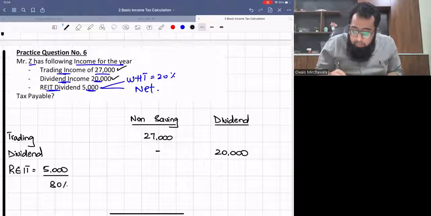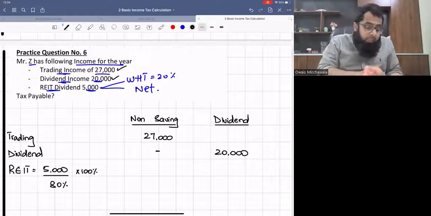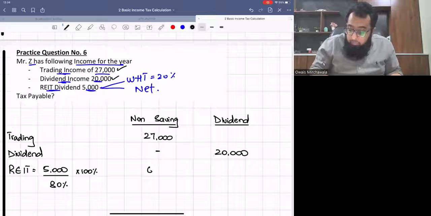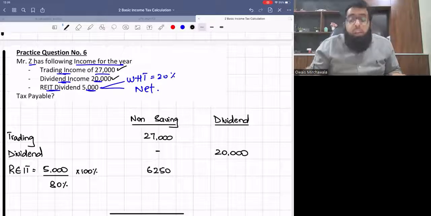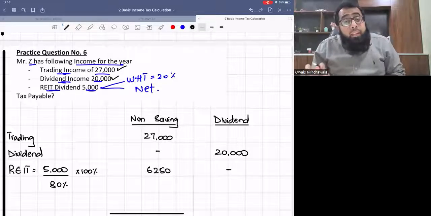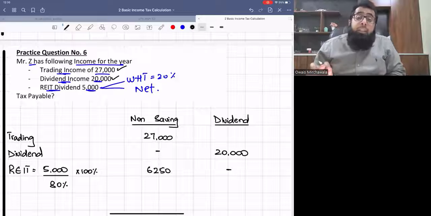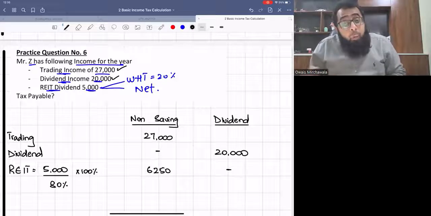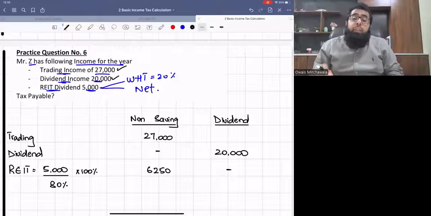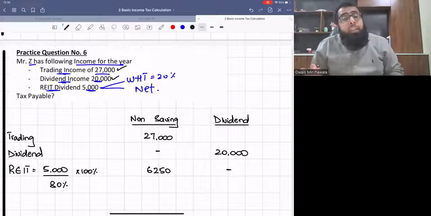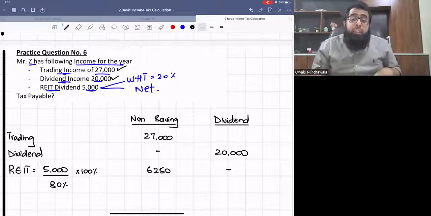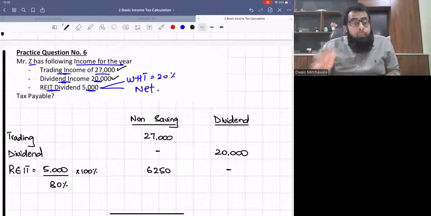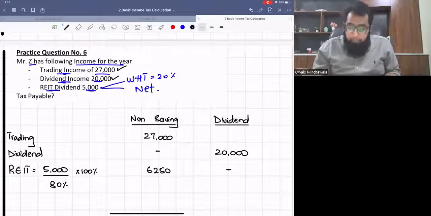We discussed it in the previous class. So we will gross it up, and REIT dividend goes as a non-saving income. It is not a dividend income. This goes as a non-saving income because it is real estate income. It is property market income. So 5,000 divided by 80% into 100%, we will gross it up. Okay?